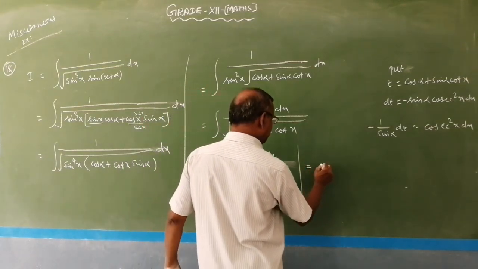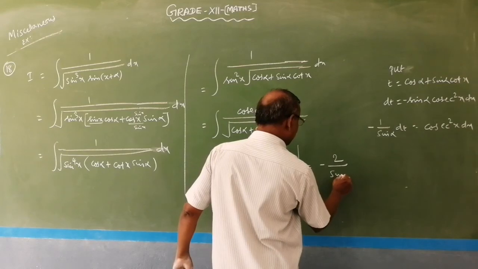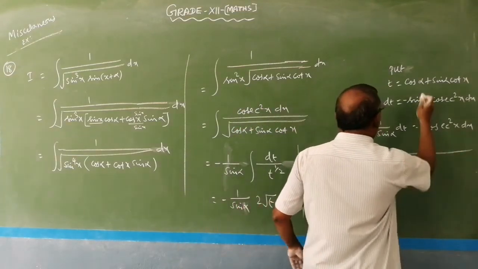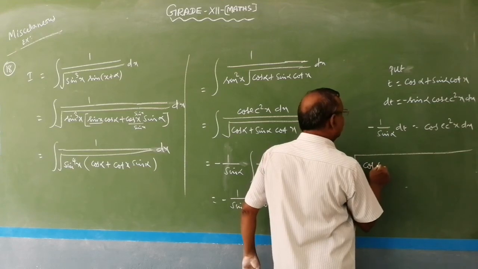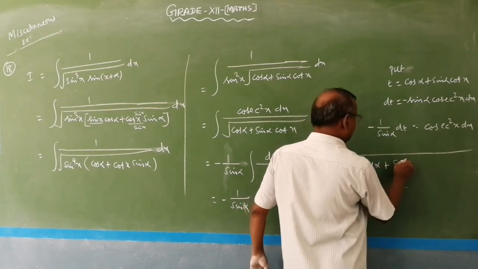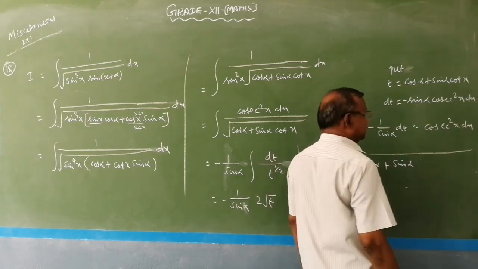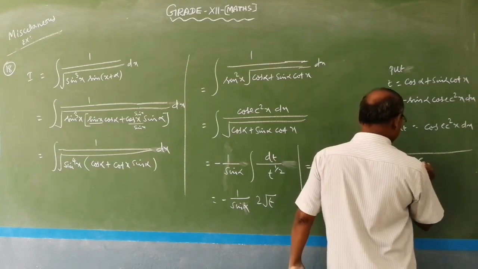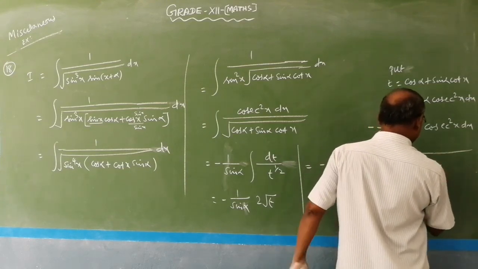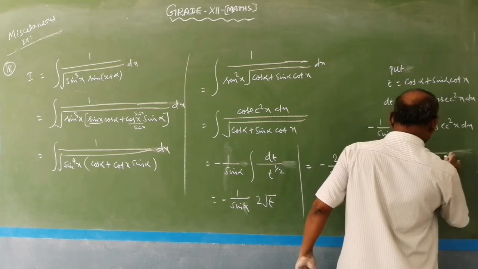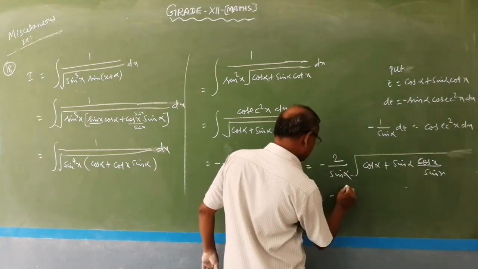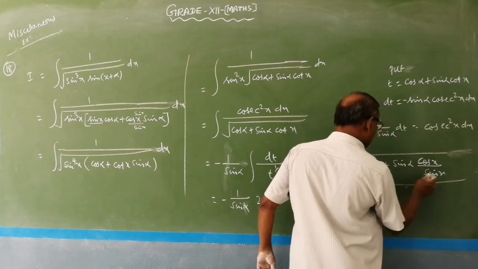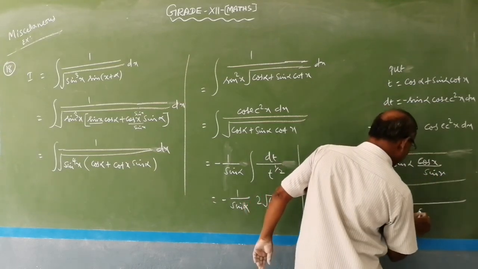This is equal to minus 2 by sin alpha into root of t, that is root of cos alpha plus sin alpha into cot x, meaning cos alpha plus sin alpha into cos x by sin x.